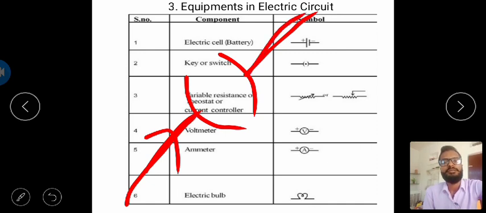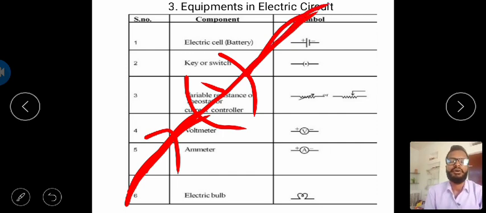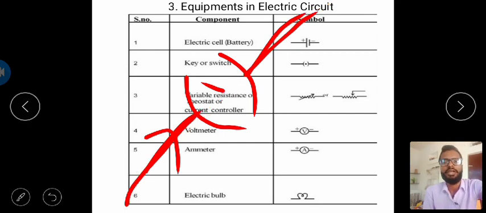But if there is a dot in the switch, then we can say that the switch is on. Then the current flowing in the circuit will pass through the circuit because the switch is on.